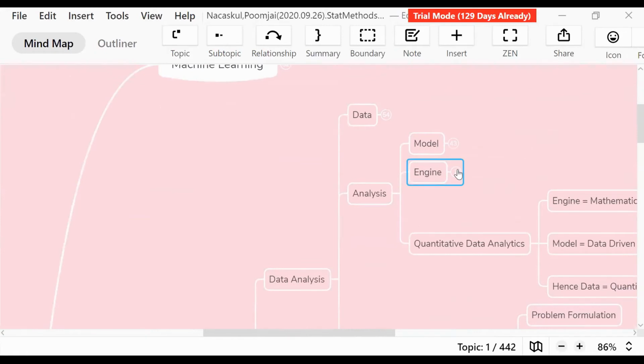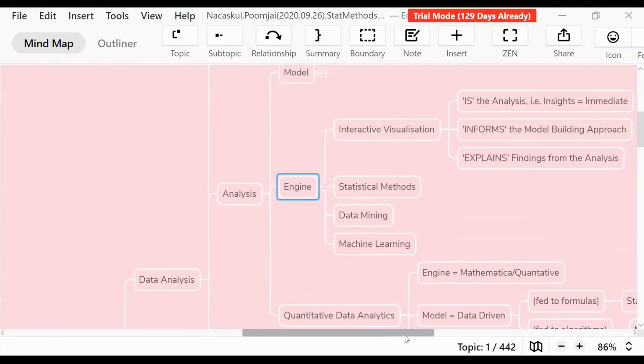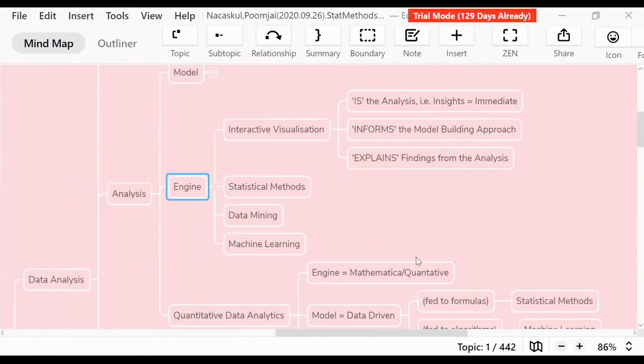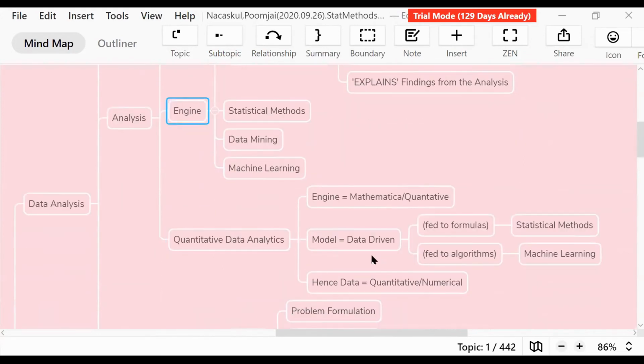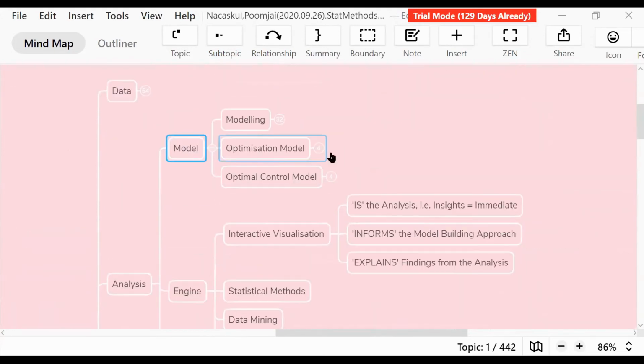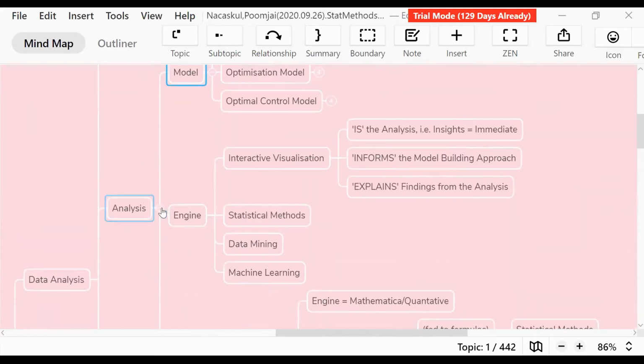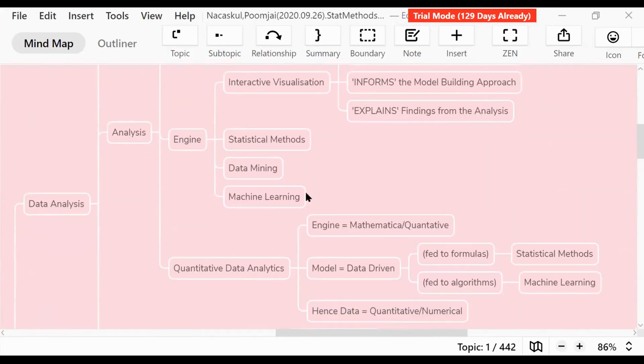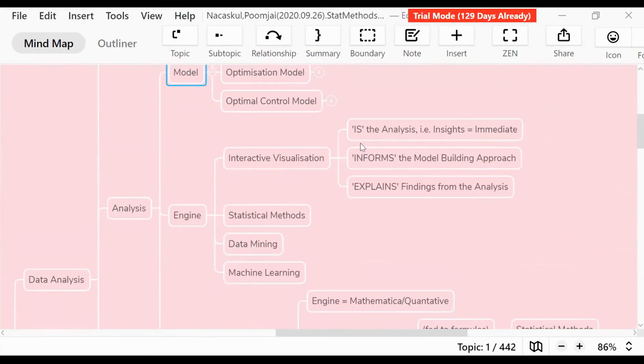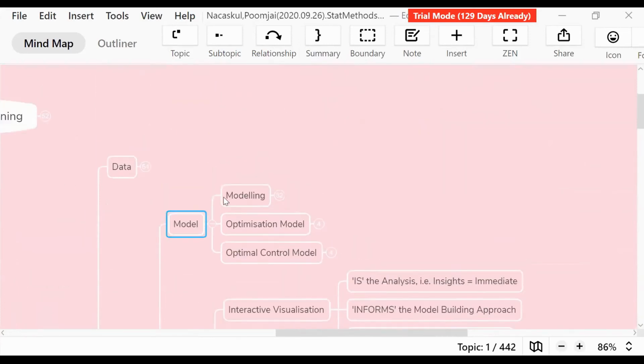Okay, this one. By the way, this is probably the most important thing I want you to take home in your mind map. Okay, this analysis here.